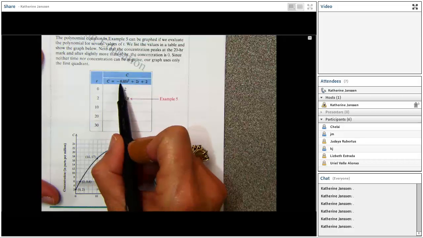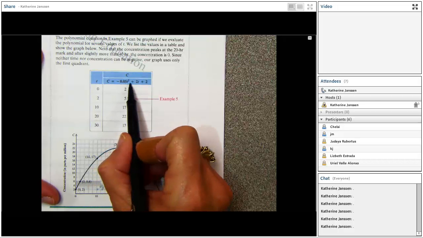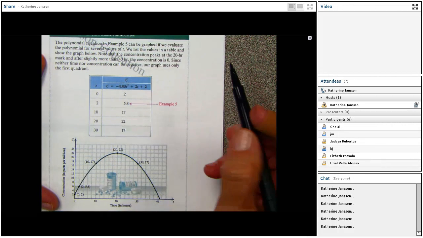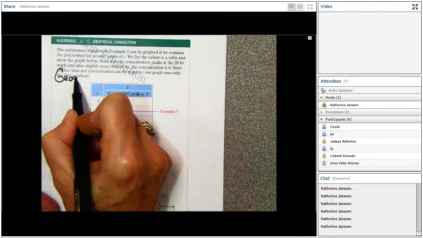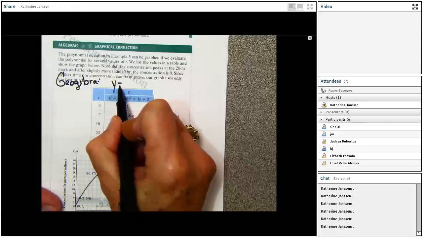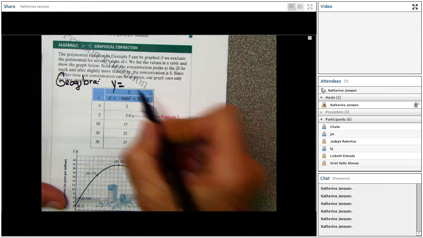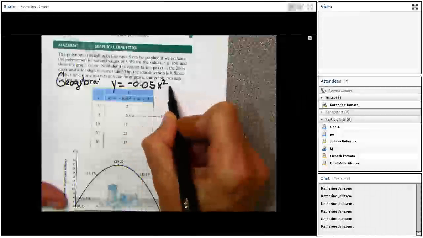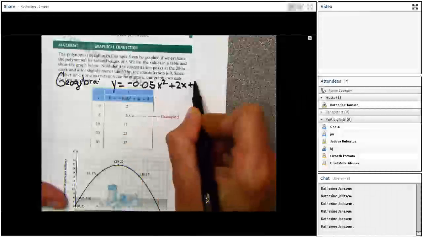Concentration is equal to negative 0.05 t squared plus 2t plus 2. Now for GeoGebra, we only have x and y. So we're going to solve graphically: y equals negative 0.05 x squared plus 2x plus 2.